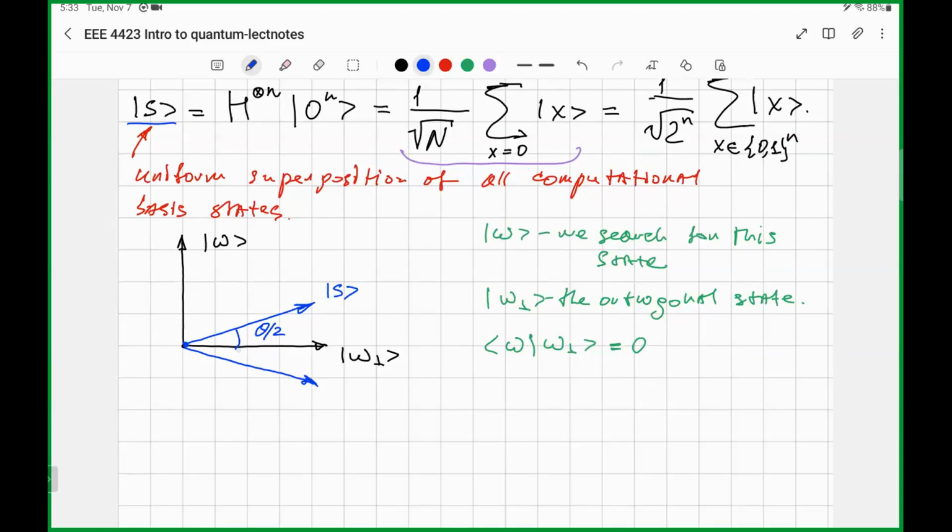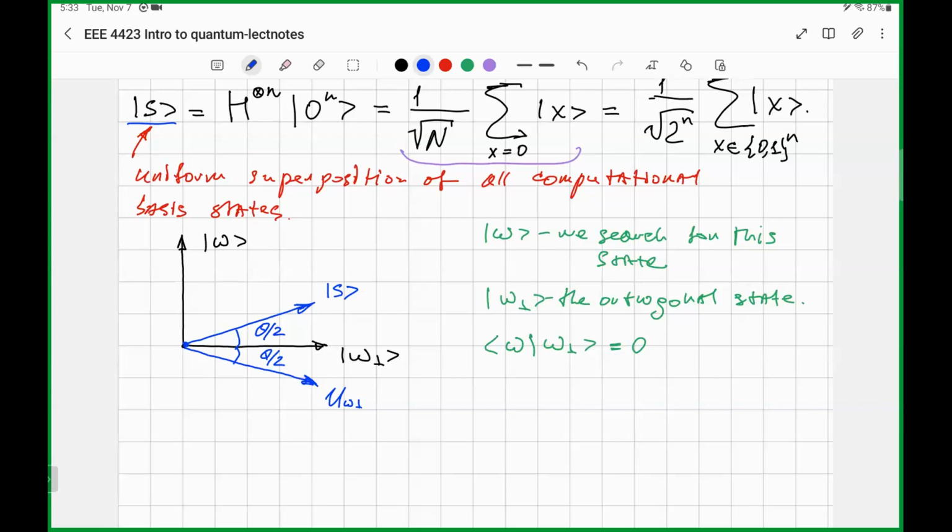It means that we rotate this vector S over the vector omega orthogonal by exactly the same angle theta over 2. This reflection is realized by application of some unitary operator, and we denote this matrix by U omega orthogonal.